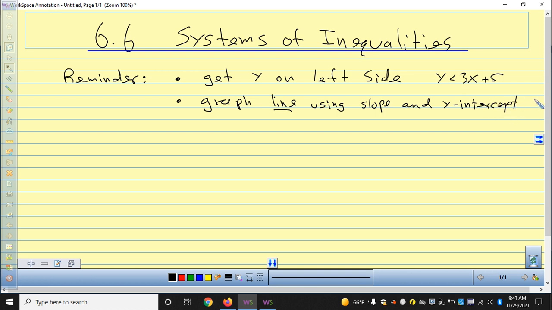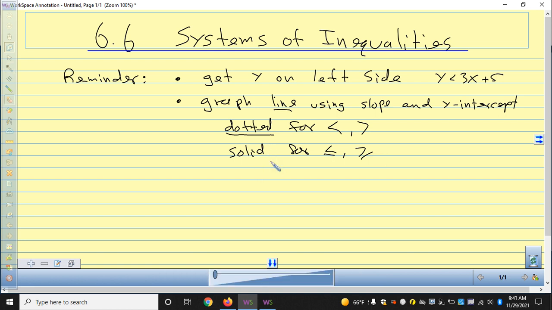So we graph the y-intercept and then we count squares to find another point by using the slope. And we use a dotted line for less than or greater than. And we graph a solid line for less than or equal to or greater than or equal to. Solid.